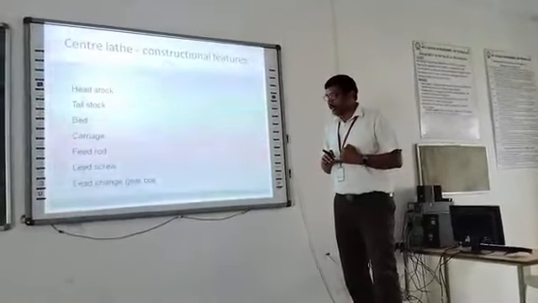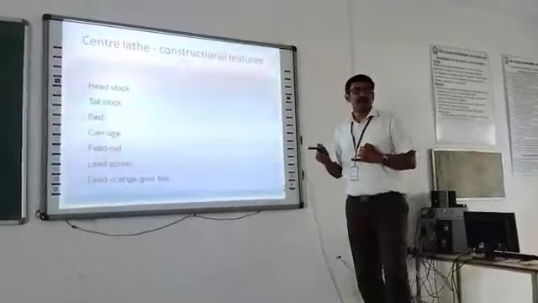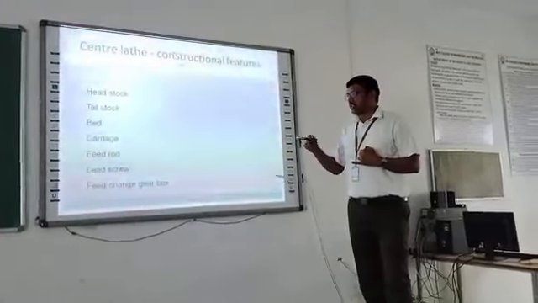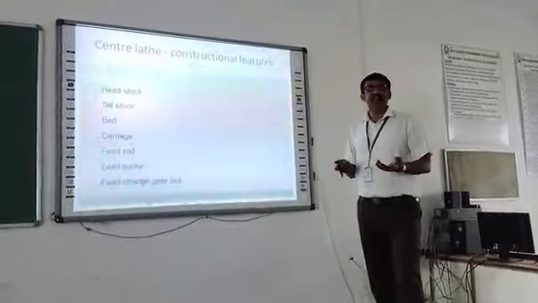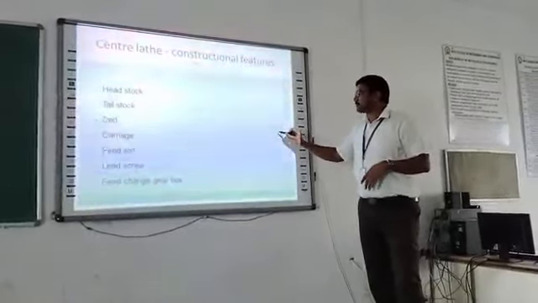Next is the feed rod, where you can give the feed. Next is the lead screw, which supports thread cutting operations. Next is the feed change gearbox, where you can change the feed given to the workpiece.